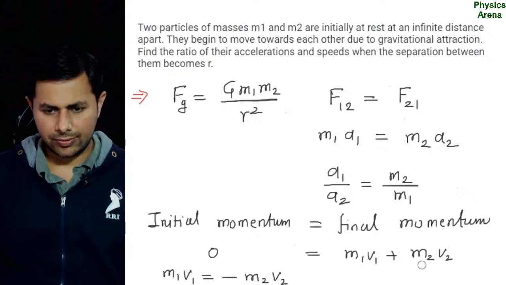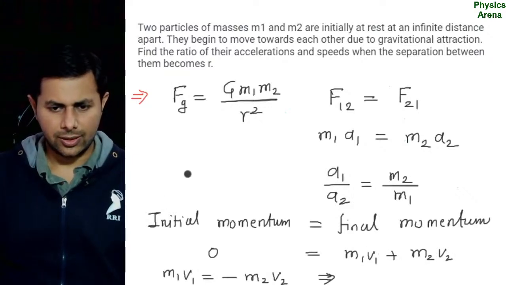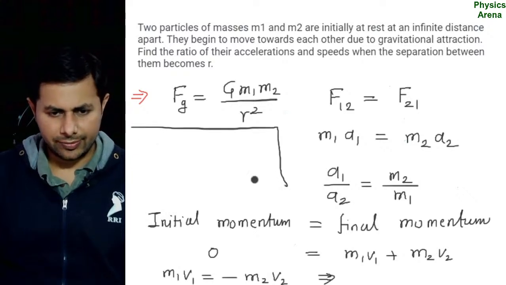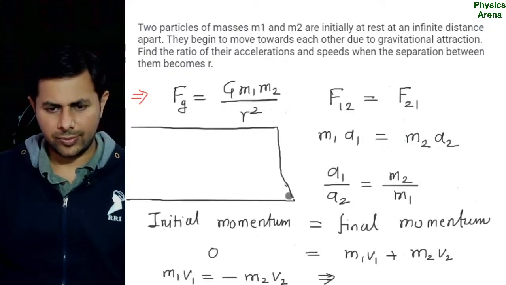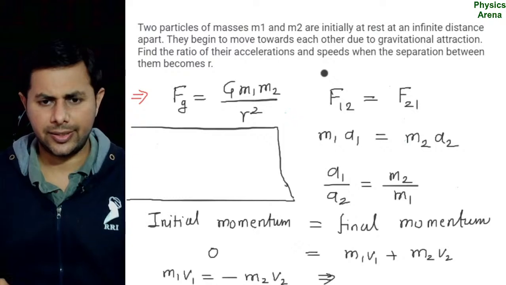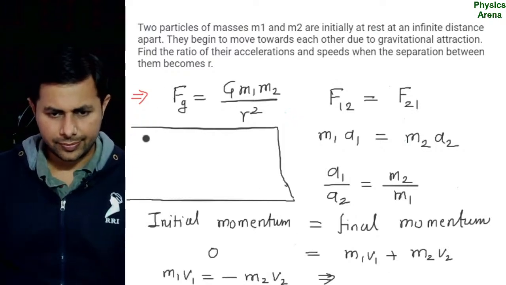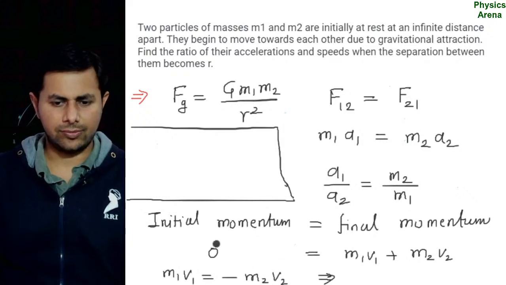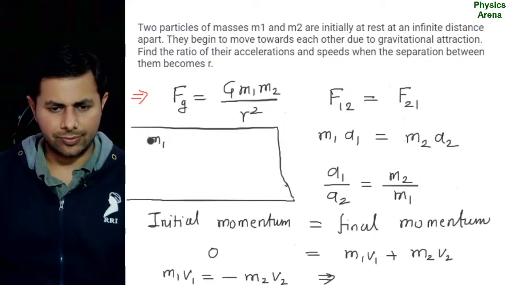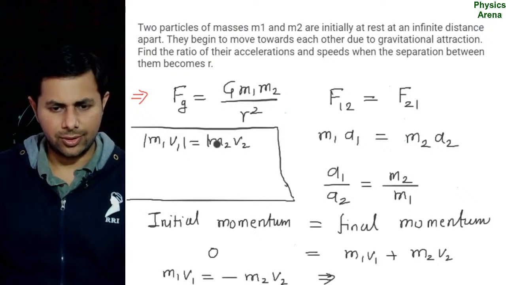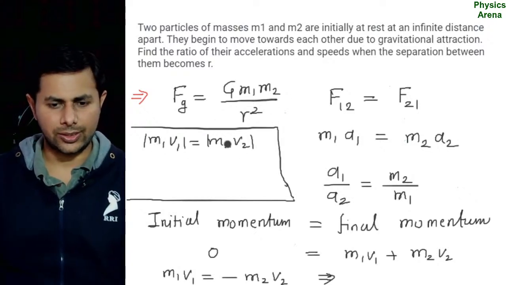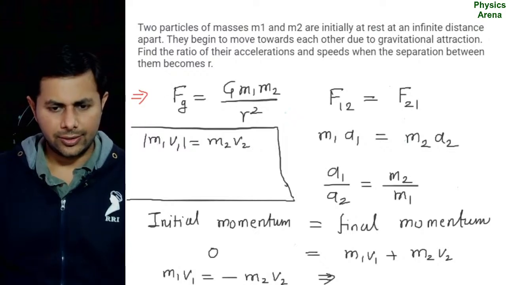I will write it here because there is some issue, I can't add more slides. I can just write in magnitude m1 v1 equals m2 v2. I just want the magnitude of velocities.